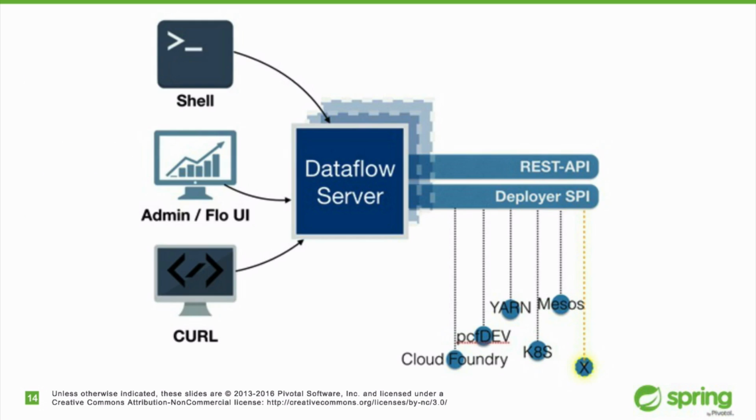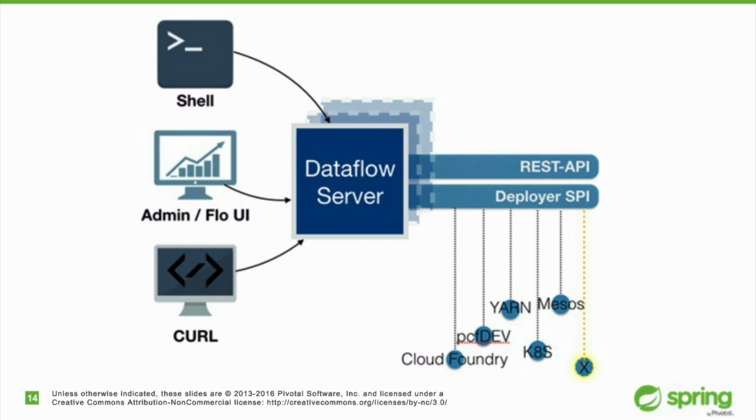So from a 10,000-foot view, there's a Dataflow server, kind of a core, that provides the REST API that you can interact with through curl, or through the shell, which is usually the primary means that we demonstrate creating streams. There's also a new UI called Flow, where you're able to create these data pipelines visually in a drag-and-drop interface.